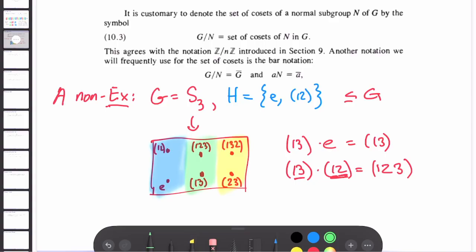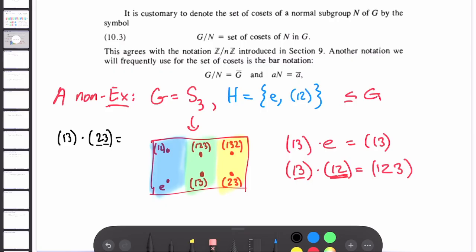So for instance, if I try multiplying something like (1 3) times (2 3), we'll go a little bit faster through this multiplication.